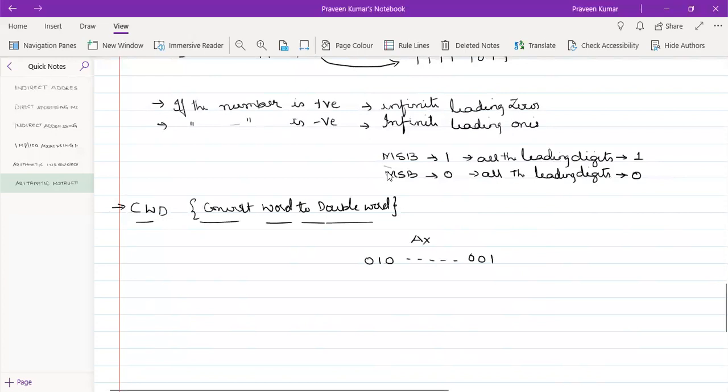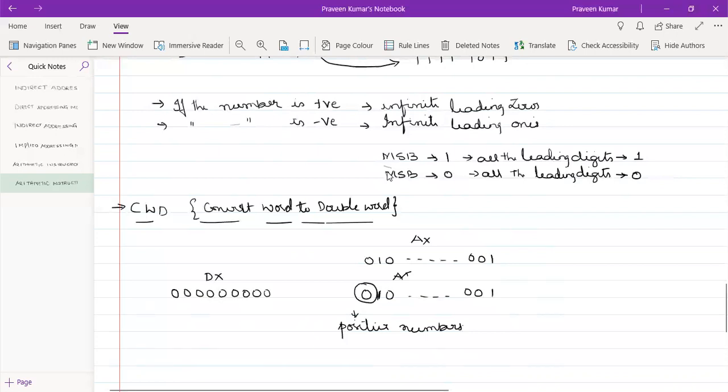Now if I want to convert into a double word, the result should be stored in DX and AX, where the values will be 0 1 0 of 16 bits, and the remaining values in DX will be 0 0 0 0 0. All 16 bits will be 0, because the most significant bit in the AX register is 0. So I can say it is a positive number, and you will have infinite leading zeros. So whatever may be the MSB, it will duplicate that bit, that is zeros.